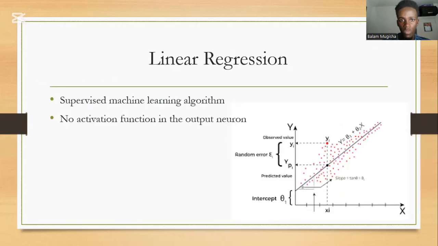So to proceed to linear regression, linear regression is mostly used in statistics. And it works by finding, of course, the line of best fit through a set of data points. So I can plot these data points, say the predicted data points and the actual data points.